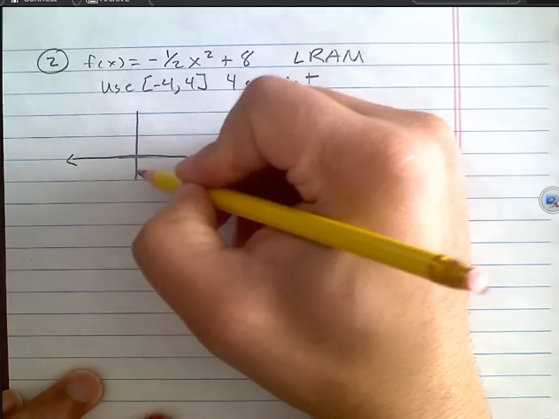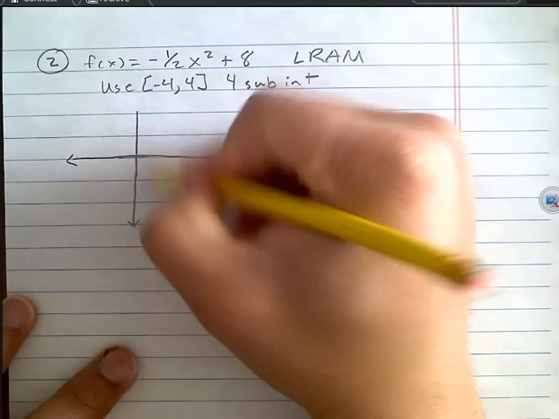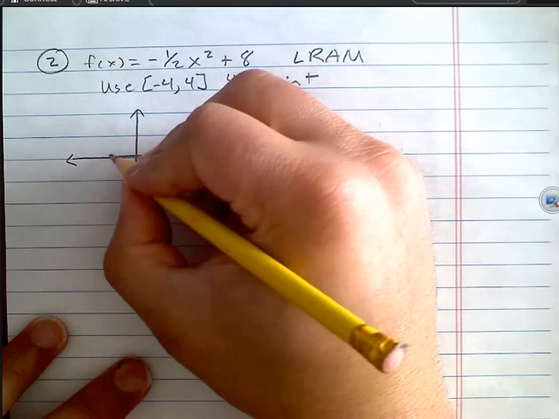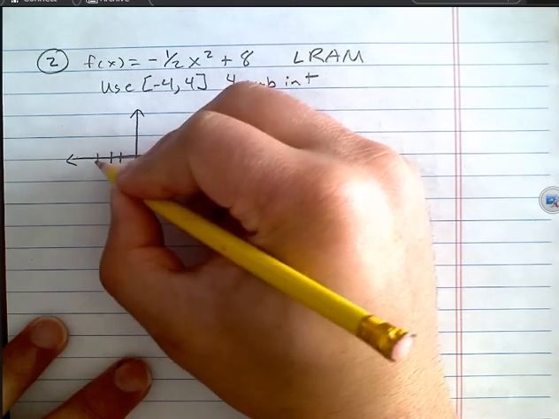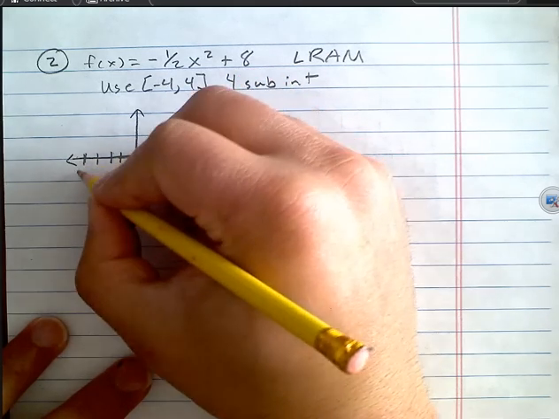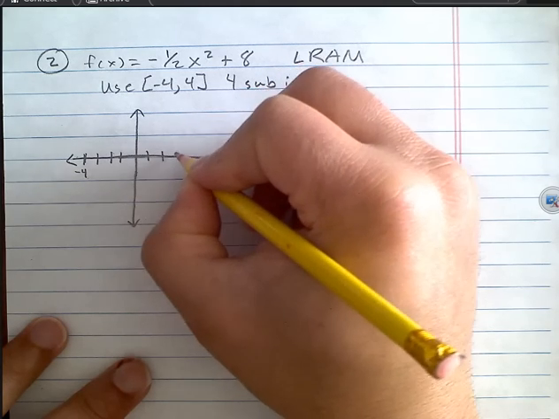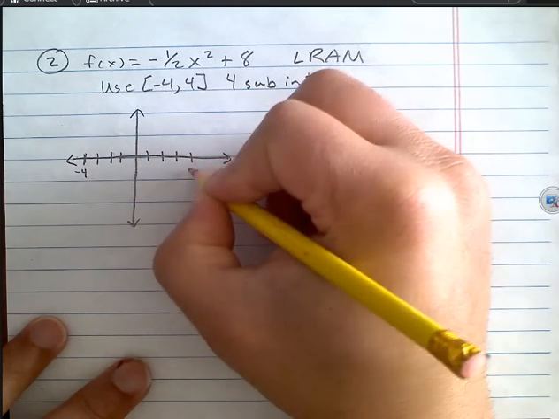Many people struggle with writing too much on their graph. You only need to know what the graph looks like from negative 4 to 4. And if you have your graphing calculator, this should be easy.